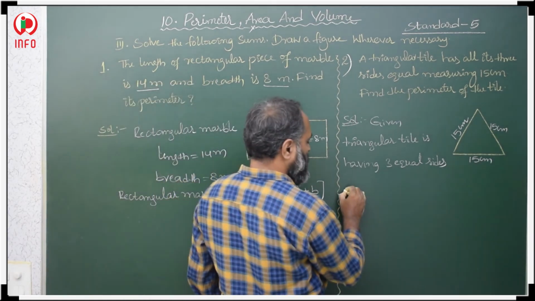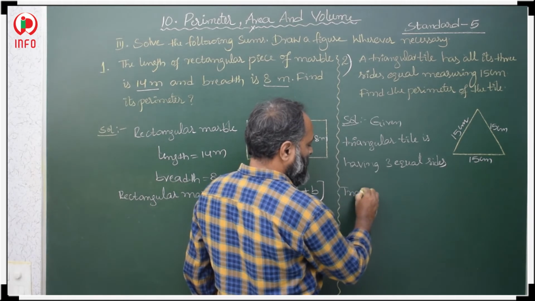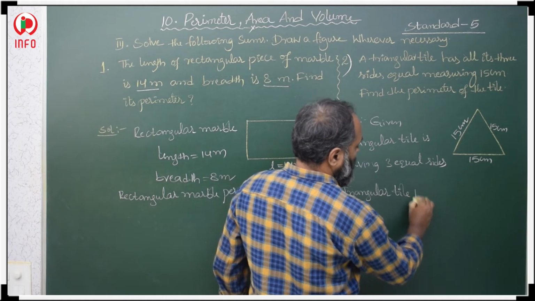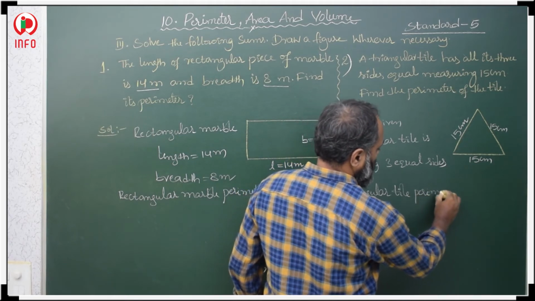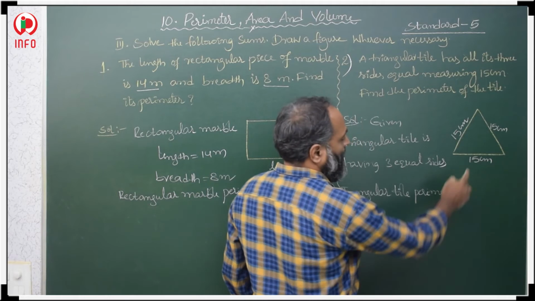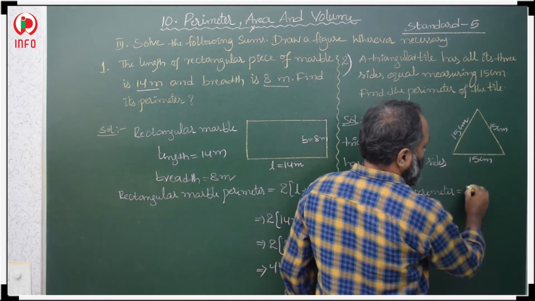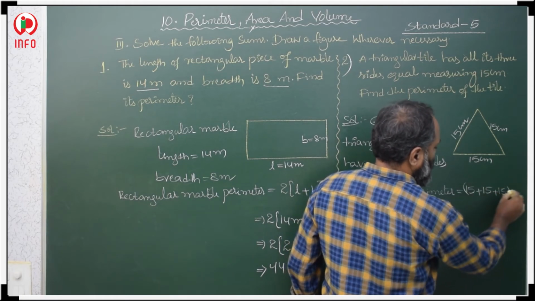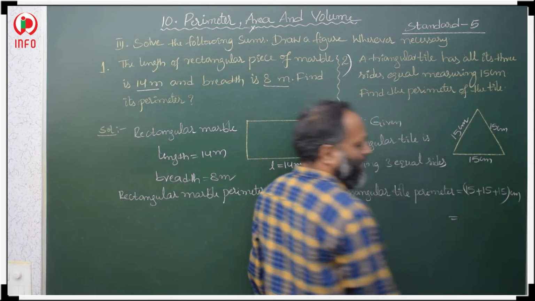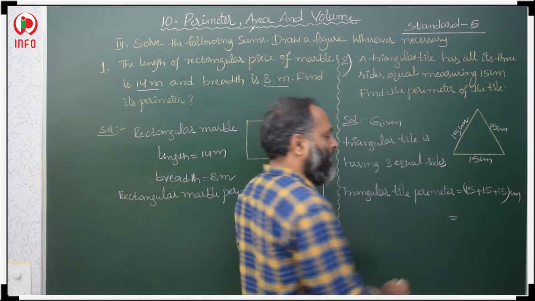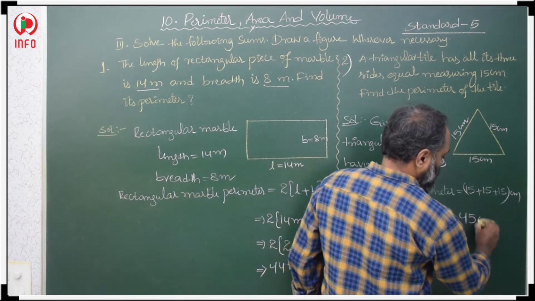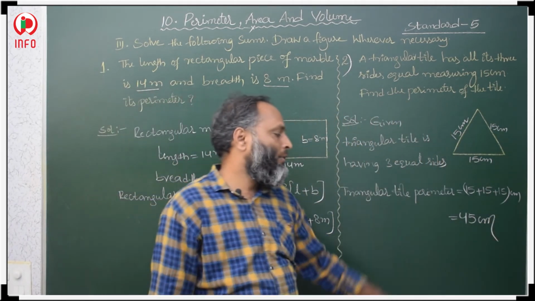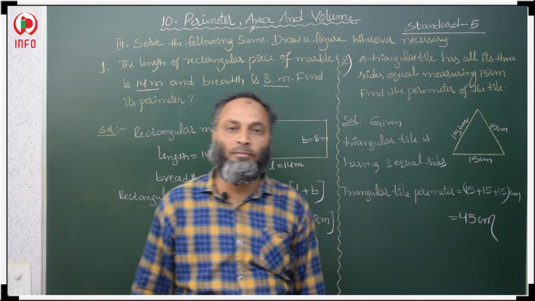That implies triangular tile perimeter is equal to 15 plus 15 plus 15, we have to add 3 times, all in centimeters. 15 plus 15 is 30, 30 plus 15 is 45 centimeters. So triangular tile perimeter is 45 centimeters. Okay.